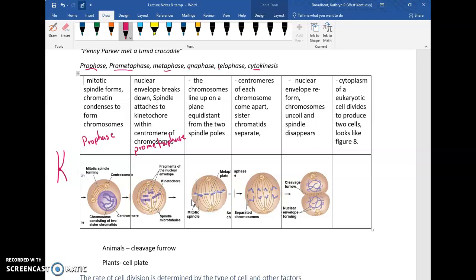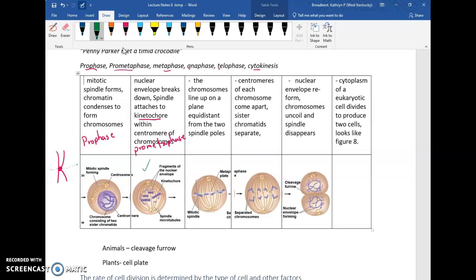There is a centromere right here in the center, and in the middle with the centromere there's a kinetochore, and that is what the spindle fibers, I'll make them green, are going to attach to. And that's what you see happening here in this picture.